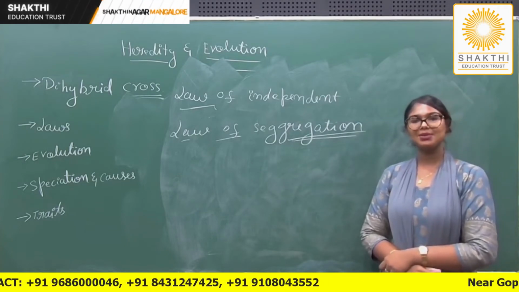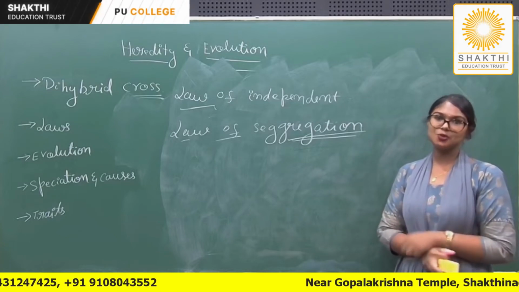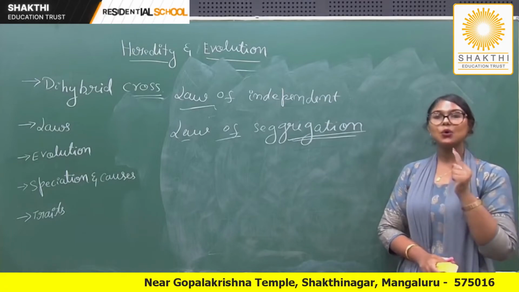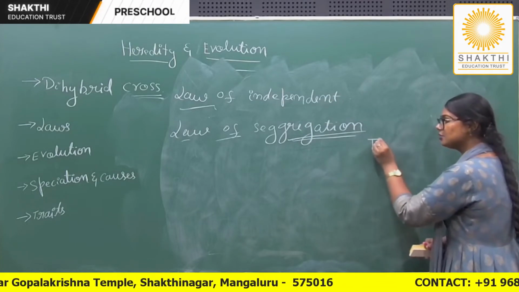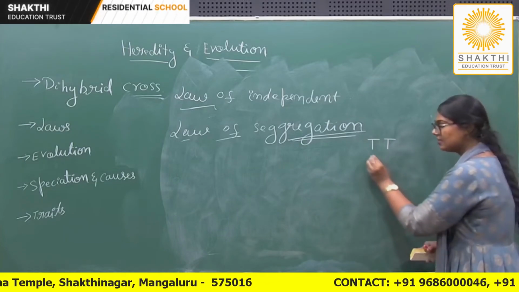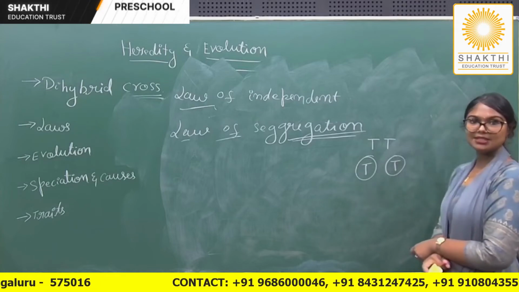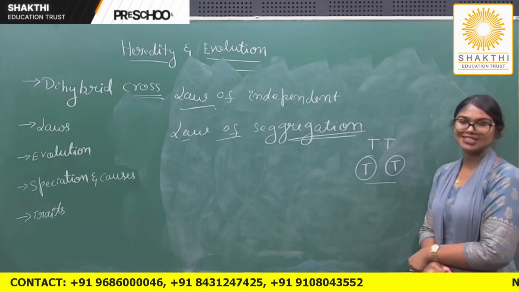Now if you remember, when you were writing the cross, we split the 2 letters and I stated a rule. Inside one circle, only one letter of one kind. Correct? So when we had 2 capital T's together, we separated them and we wrote it as capital T, capital T. This is nothing but segregation happening, students.